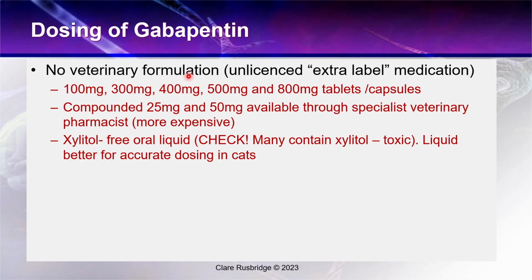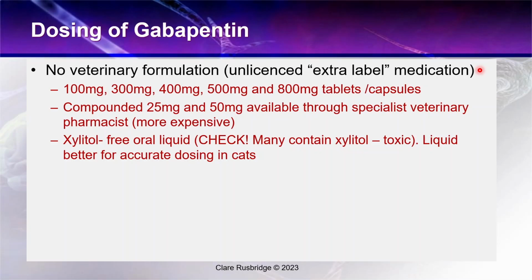There's no veterinary formulation. This has been given as an unlicensed extra label medication. What does that mean in practical terms? Well, a licensed medication means that it's gone through specific trials to determine safety, toxicity, pharmacokinetics, and efficacy. And so all of the information that we have about gabapentin's efficacy is based really on some very, very small studies.